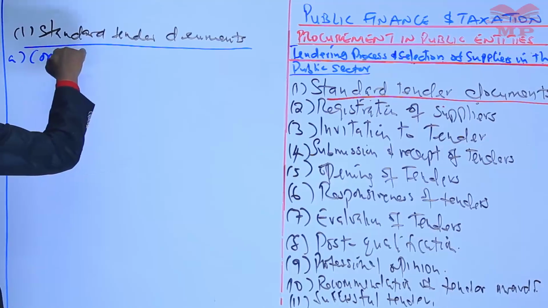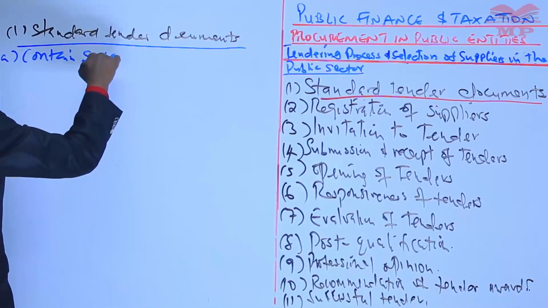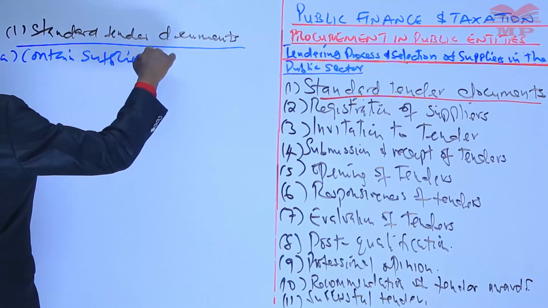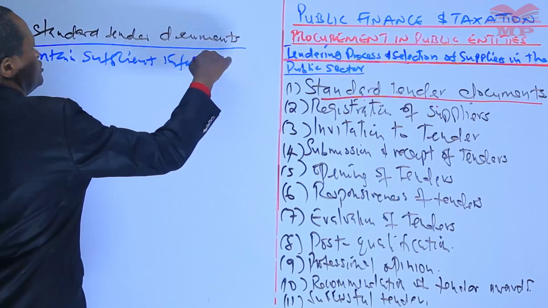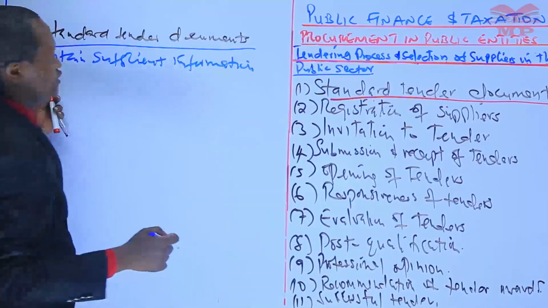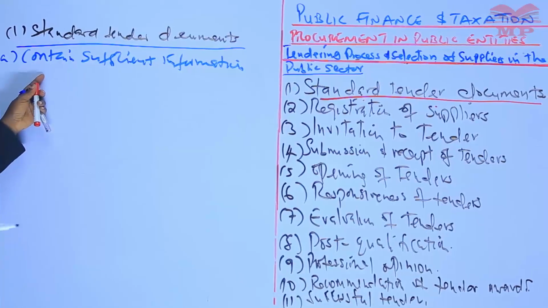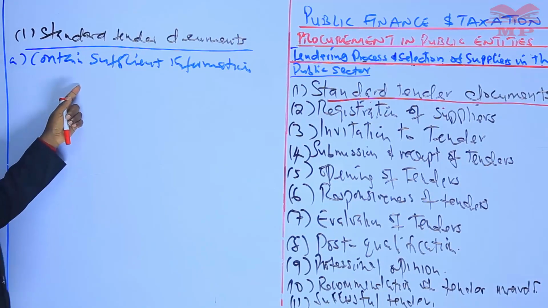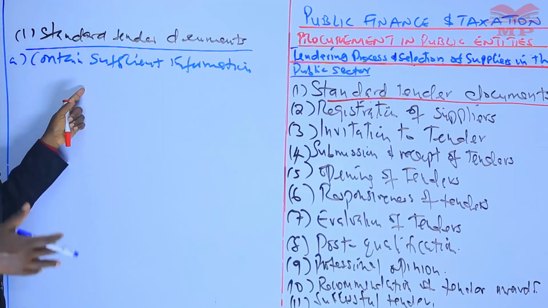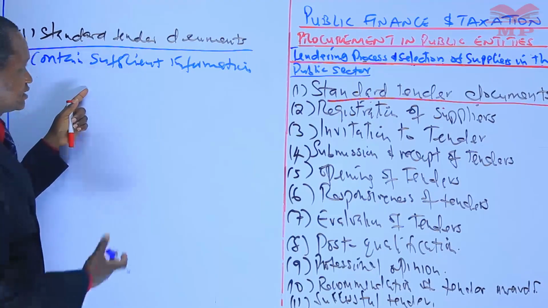These documents used in the tendering process should contain sufficient information to allow fair competition among those who may wish to submit tenders.